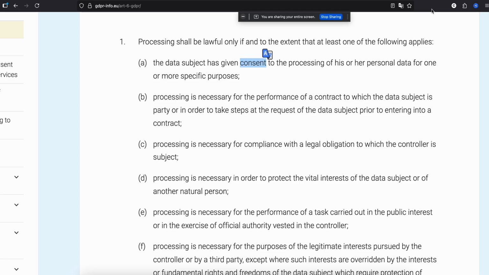So now the thing is, we never read what's written there. So if they are collecting the data based on consent, then actually it is illegal. Simple thing. Because the Information Commissioner's Office of the UK said consent cannot be a legal method for employment.